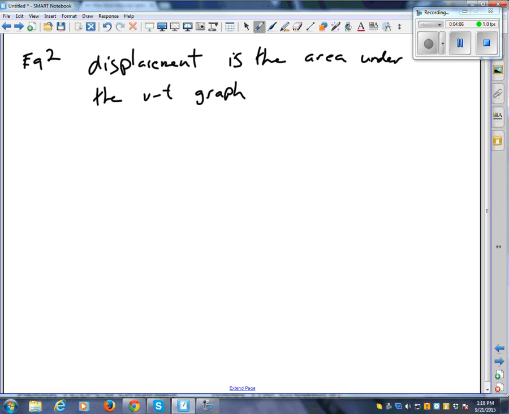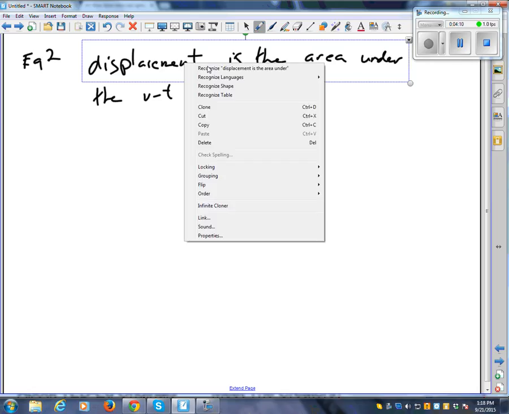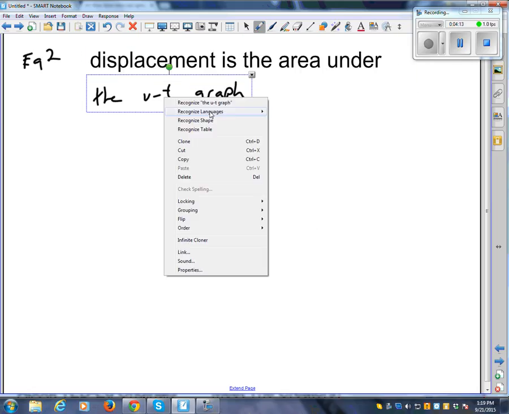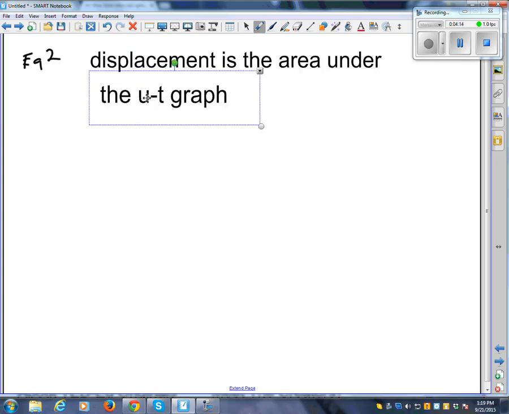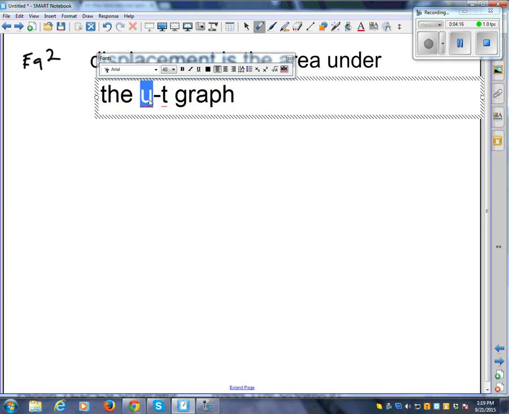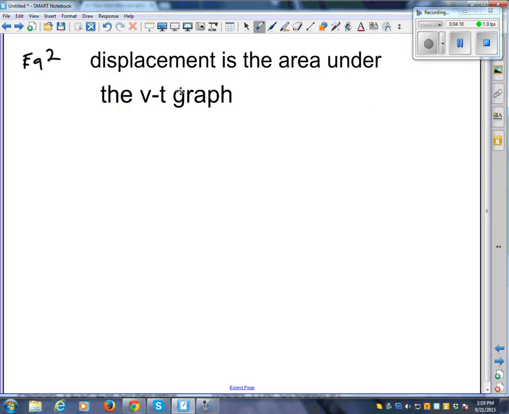Let me see how my handwriting did there. Oh, pretty close. Displacement is the area under the VT graph.